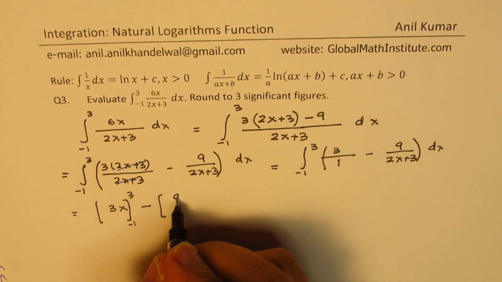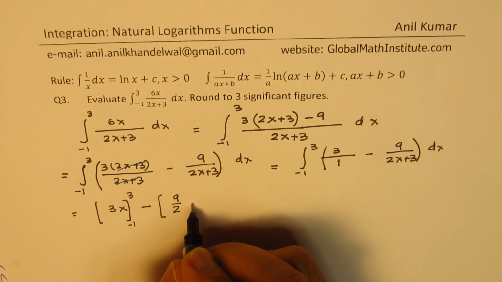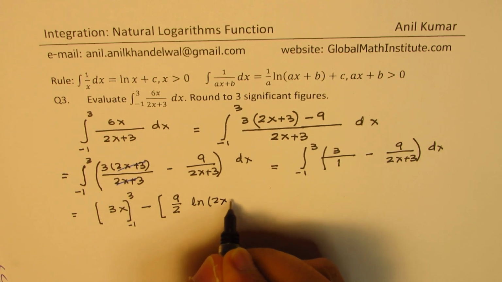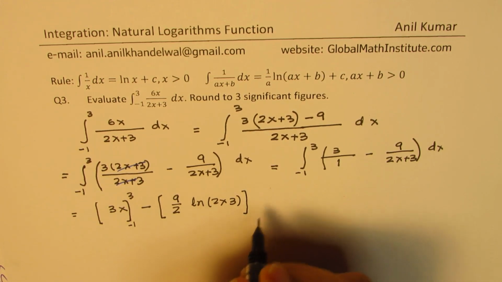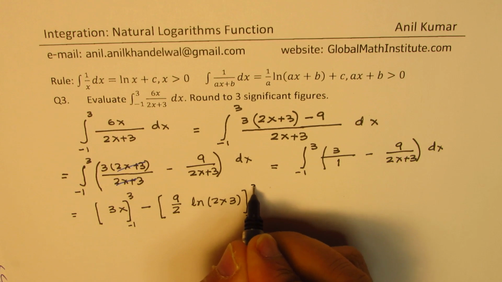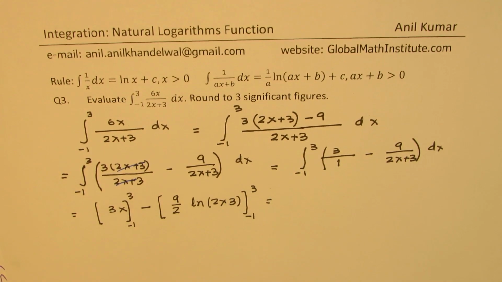The a here is 2, and 9 is a constant, so we'll write 9 over 2 ln |2x plus 3| from minus 1 to 3. Is that clear to you? Does that make sense? So that is how we are actually going to solve this question, right?